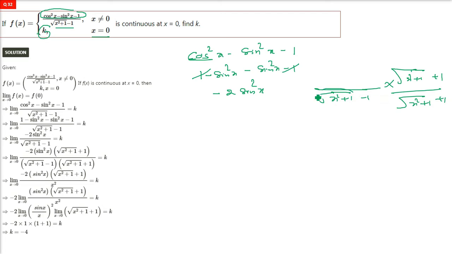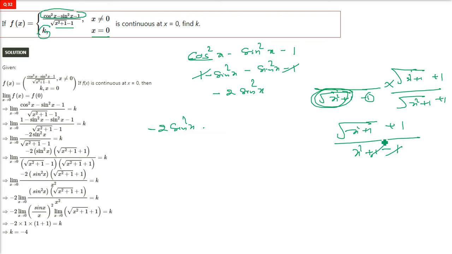This is a plus b, a minus b in the denominator, so a square minus b square, and you can just remove the root. So x square plus 1 minus 1 in the denominator, under root x square plus 1 in the numerator. The 1 gets cancelled. So we got minus 2 sin square x under root x square plus 1 divided by x square.